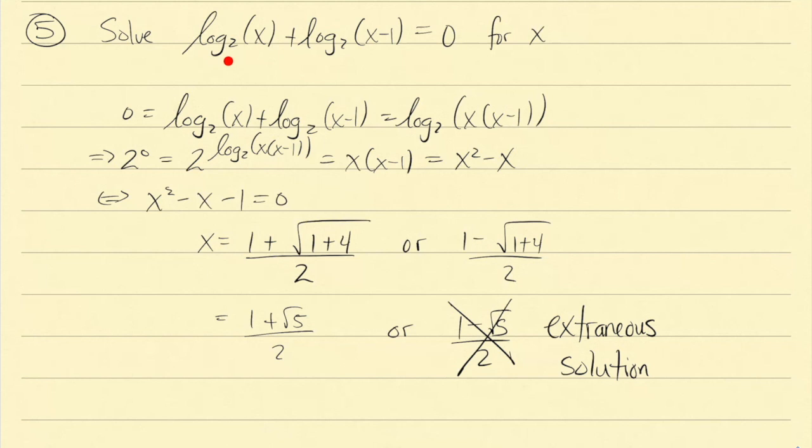Neither of our original functions, log base 2 of x and log base 2 of x minus 1, are defined for negative values. That means that this solution does not make sense. There's only one solution, and that is (1 plus the square root of 5) over 2.